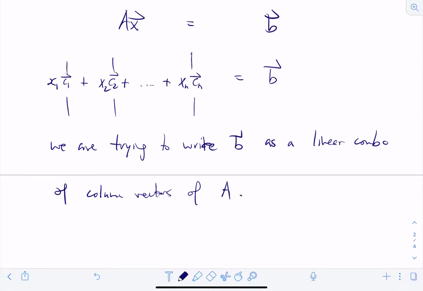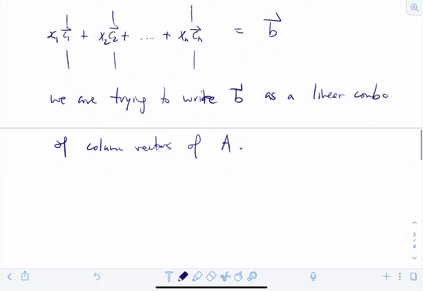Now, we don't know a lot about these column vectors, right? We know that these column vectors live inside Rm. They're m dimensional. Okay, so we know that, but we don't know if they're independent. We don't really know that much about them. We know that they come from Rm, right?